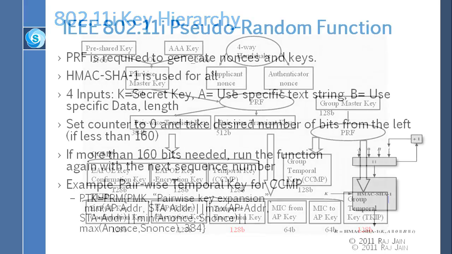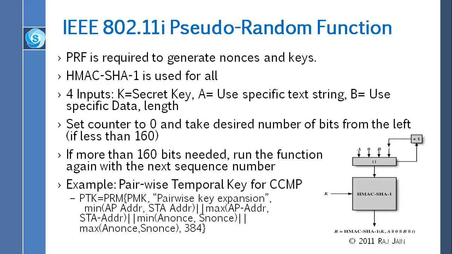So we say PTK is equal to PRF. The PRF will only produce 160 bits, so PRF-384 is basically the final result, which is many 160-bit outputs combined to make whatever length you need.